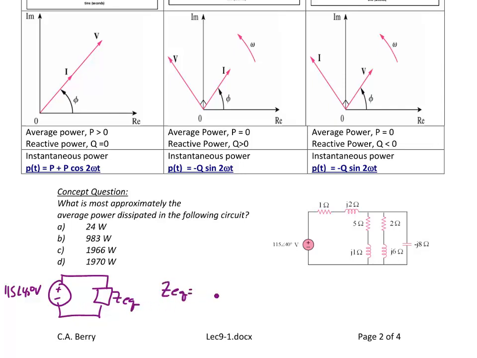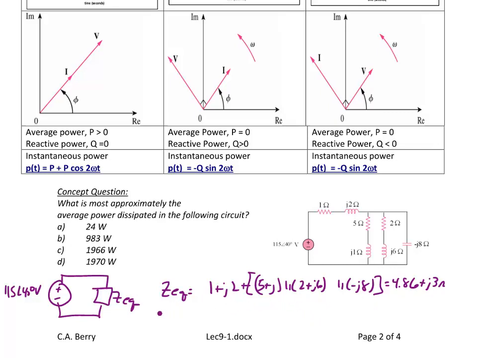ZEQ is 1 plus j2 plus 5 plus j, in parallel with 2 plus j6, and parallel with negative j8. So ZEQ is equal to 4.86 plus j3 ohms.